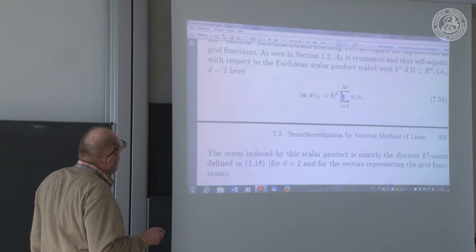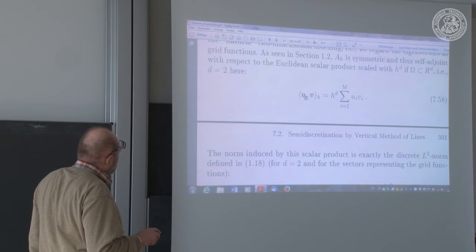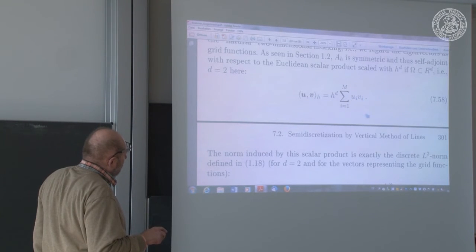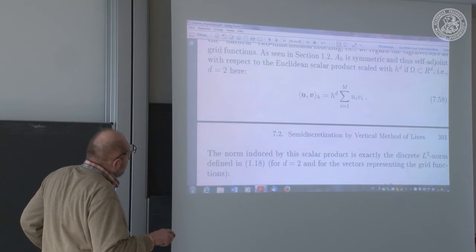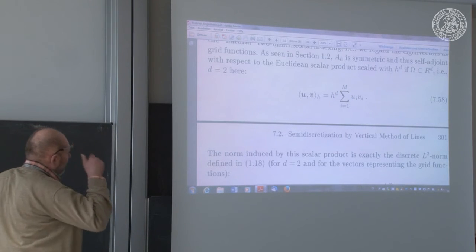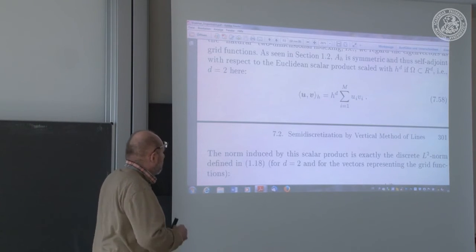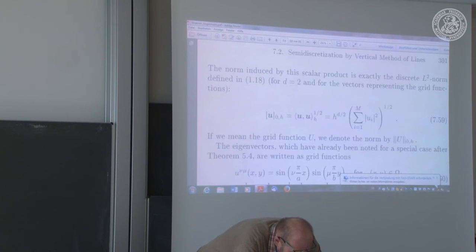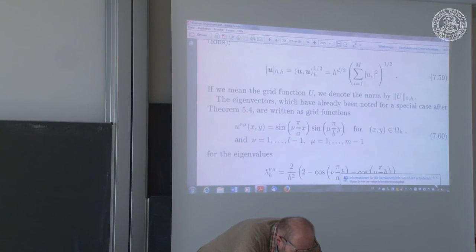Now d equals 2, this correspondingly scaled Euclidean norm, which reminds us that we have approximated here the continuous L2 scalar product, say, by a quadrature rule. So this is now the corresponding norm.